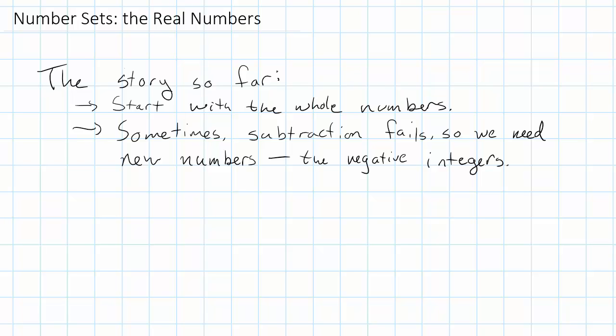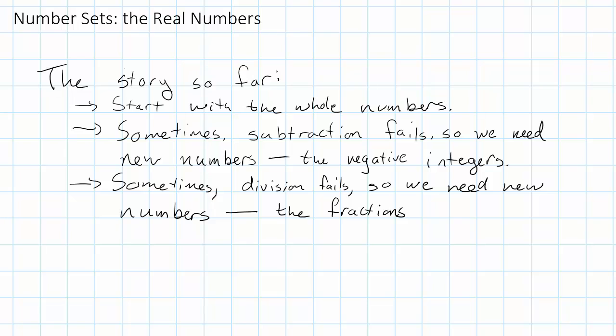So we kept going for a little while, and we were okay with adding, subtracting, and multiplying. But then we wanted to undo multiplication. We needed division. Sometimes division failed, so we needed some new numbers in order to make sure division always worked, and those were the fractions.